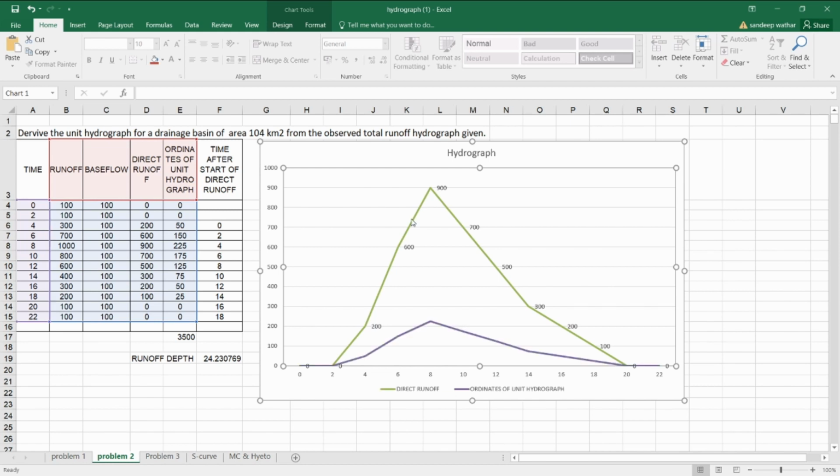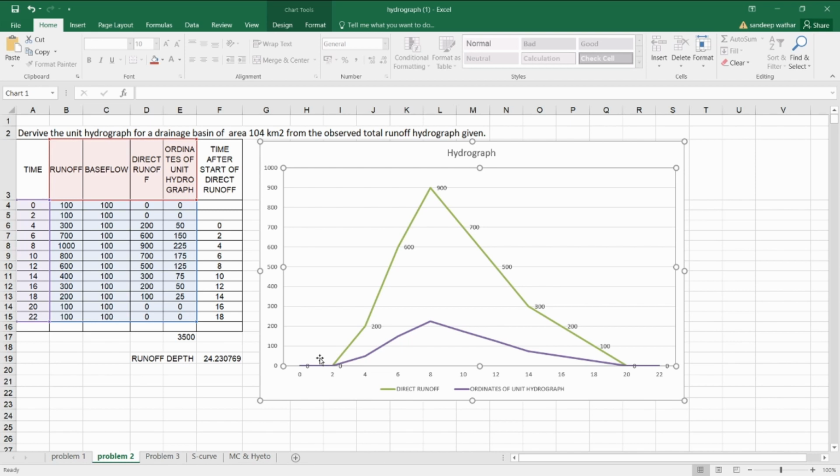Once I calculate the ordinates of direct runoff, the next thing is to calculate the unit hydrograph. Before we go to the ordinates of the unit hydrograph, you understood the meaning of hydrograph. A hydrograph represents the ordinates of discharge versus time.